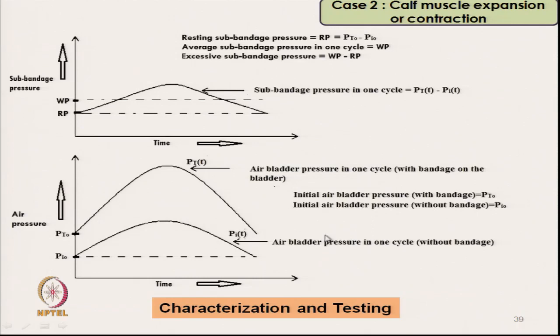Once we wrap the bandage over the bladder, the pressure is increasing and then decreasing. The difference between these two is actually the pressure exerted by the bandage, which is shown here. This is the resting sub bandage pressure.